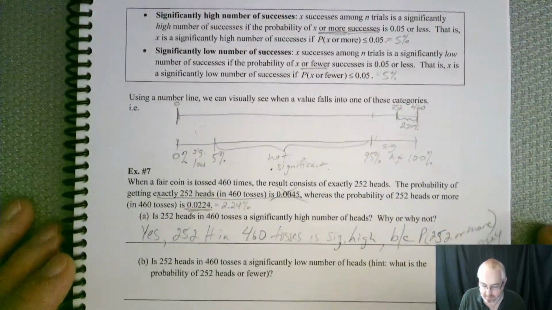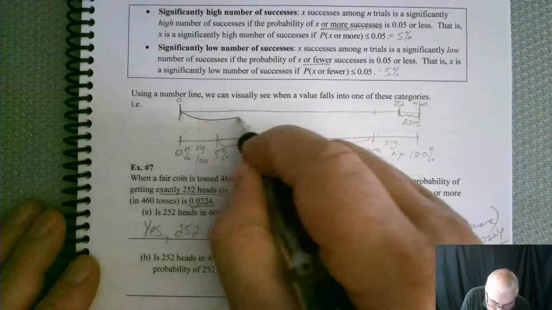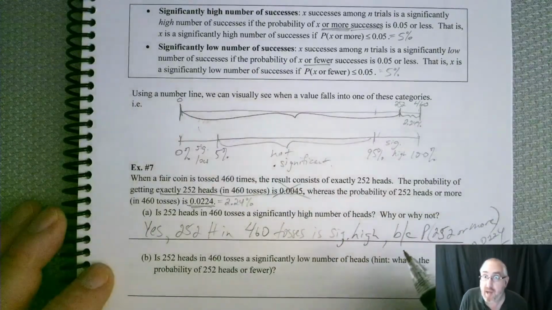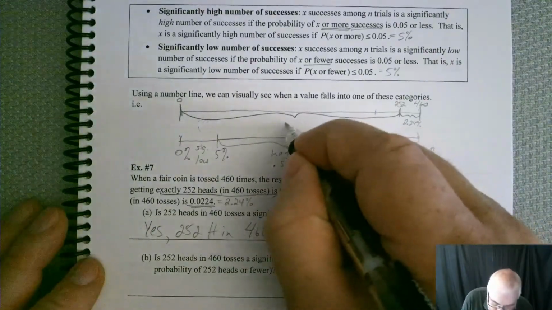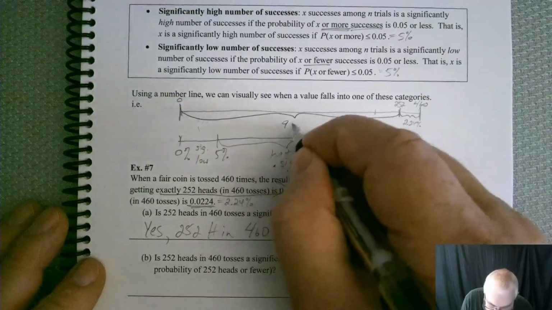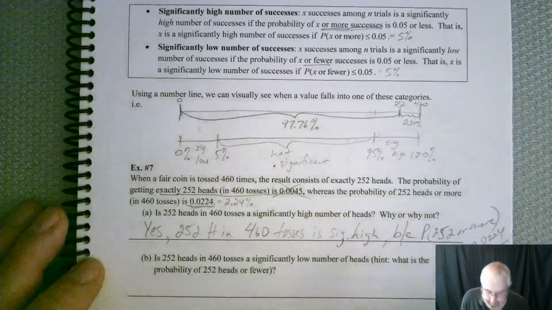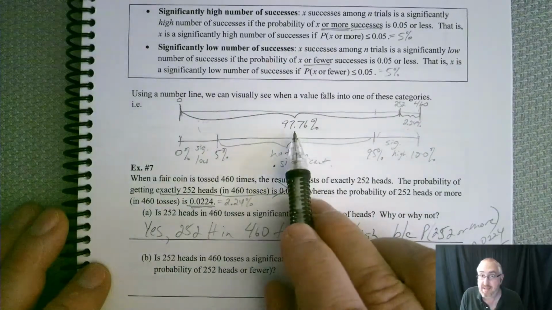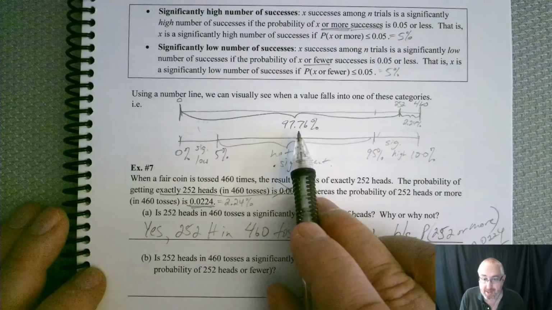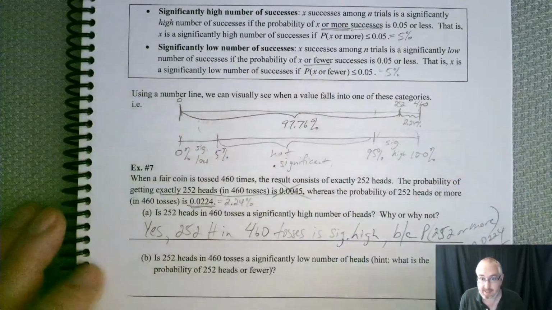So if this is 2.24%, then all of this has to be the complement. So this is going to have to be 100% minus that, which is 97.76%. Is that less than 5%? Heck no, it's way too big. So that means that since it's not less than 5%, it's not significantly low.